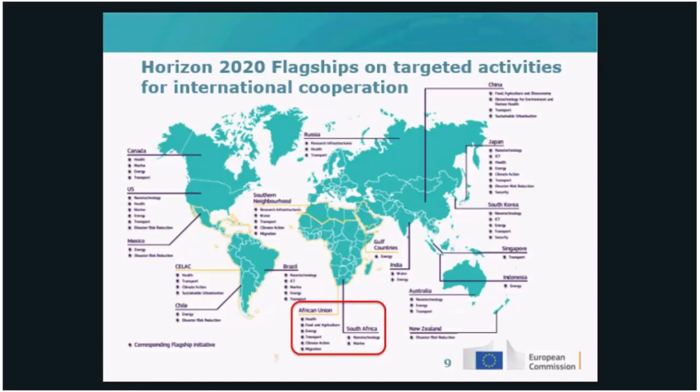And as you can see, for Africa, for the African Union, we have identification under flagship of Horizon 2020 activities in certain thematic areas such as health, food and agriculture, energy, transport, climate action and migration, and even at the country level, for example in South Africa, we have additional thematic areas targeted in flagship initiatives such as nanotechnology and marine.